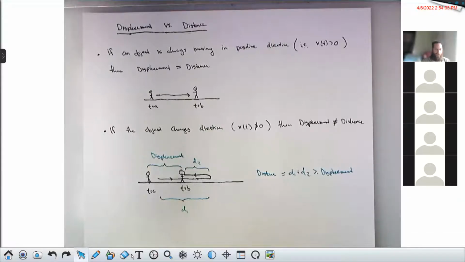Is the picture here making sense? How far did I walk? Well, I walked this distance plus this distance. So my total distance traveled is this plus this. What is my displacement? Well, it's how far did I end up from where I started? It's just this distance, which is strictly smaller.